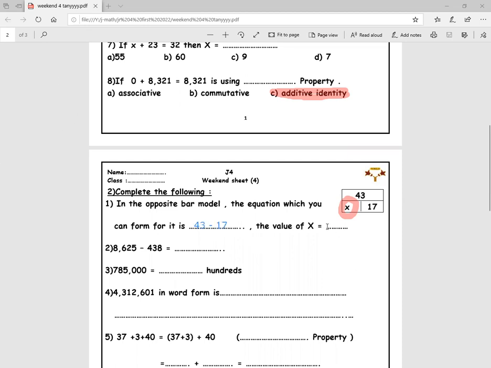So the value of x will equal what? 3 minus 7 can't be, so the 3 is going to be 13, and the 4 is going to be 3. 13 minus 7 equals 6, and 3 minus 1 equals 2. So the answer is going to be 26.